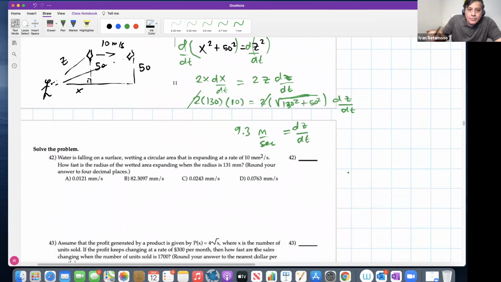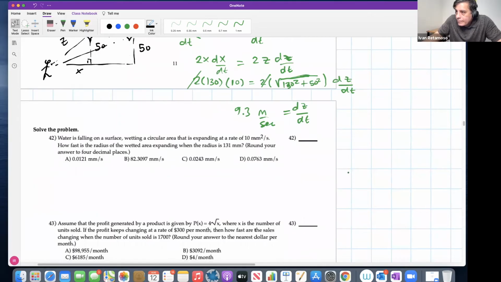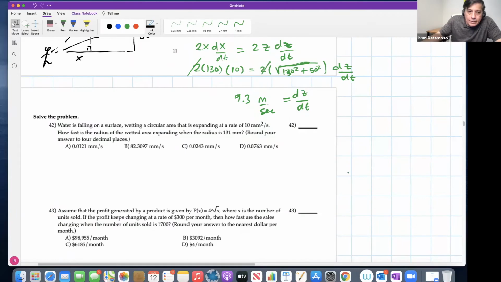Great. 42, falling water. Water is falling on a surface, wetting a circular area. And we explained in class that this is the picture you have in your mind: a wetted area in a circular shape. There's going to be a radius and an area.